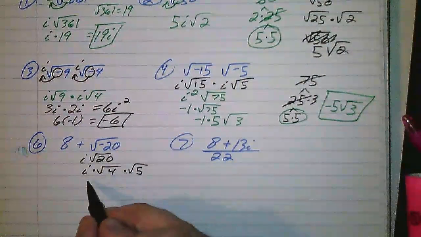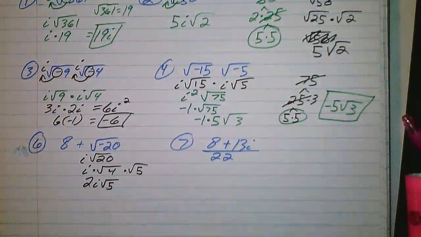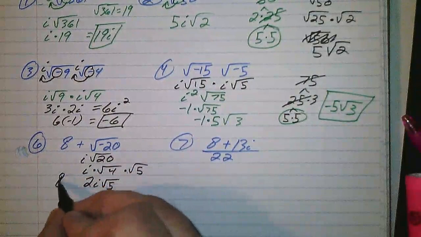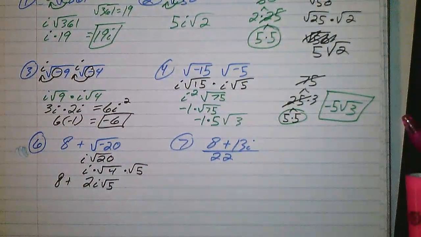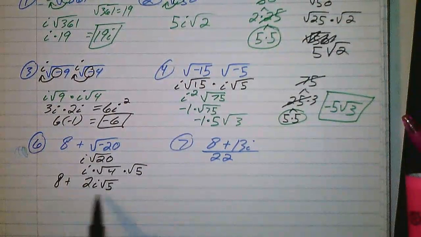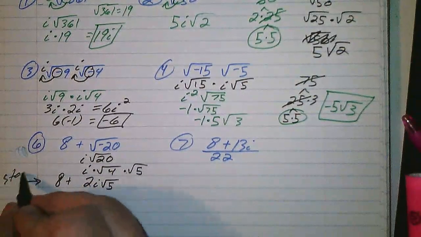The square root of 4 is 2. So this is 2i with root 5 left under the radical. And then this carries down. And that's all we do. All we could really do was simplify the radical. These are not like terms, certainly, so these don't combine. So this is as far as we go. Stop there.